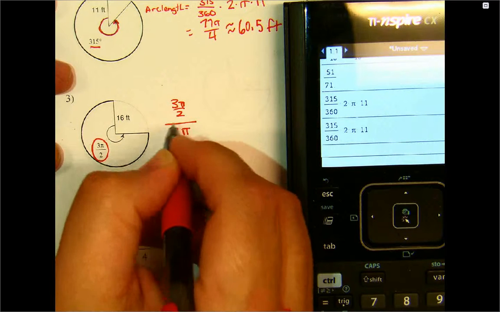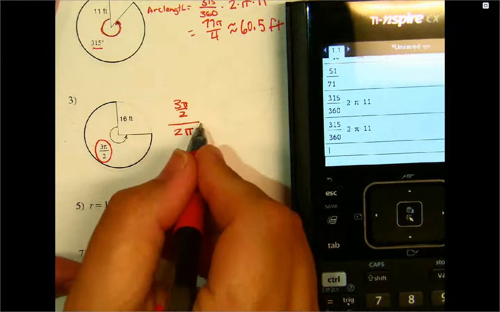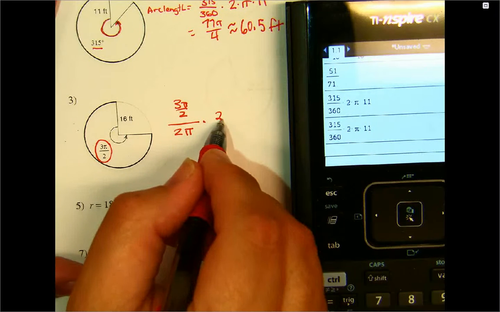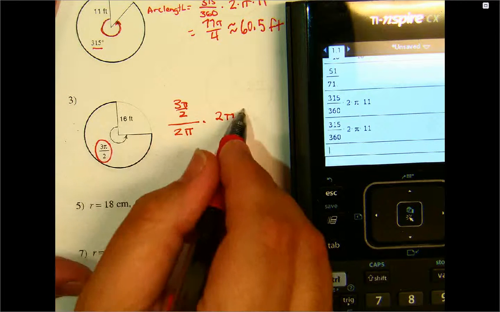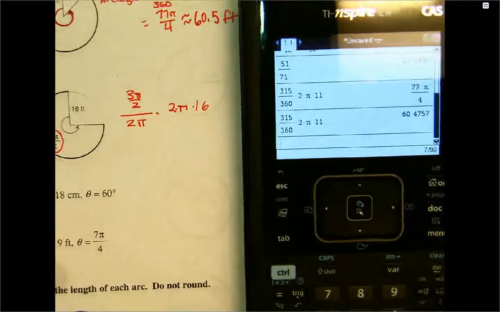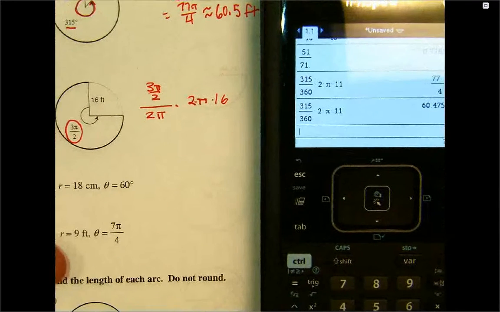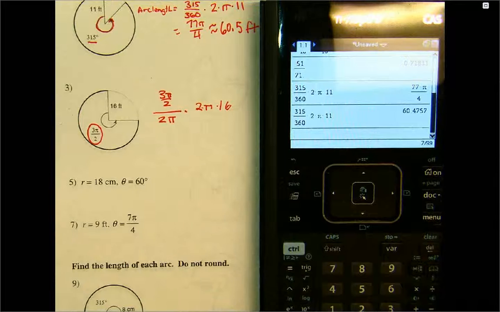So that's going to be what my arc length is, because we're in pi territory now. Times 2 pi times the radius, which is 16.